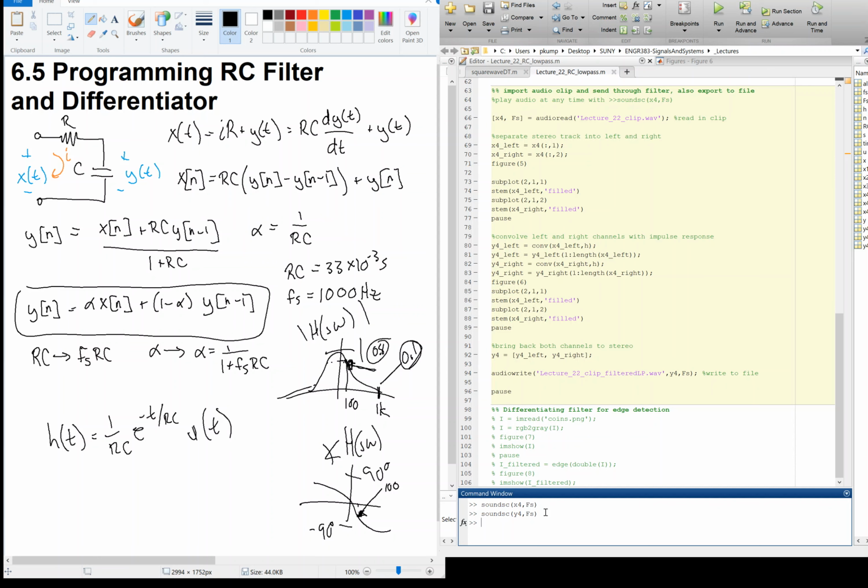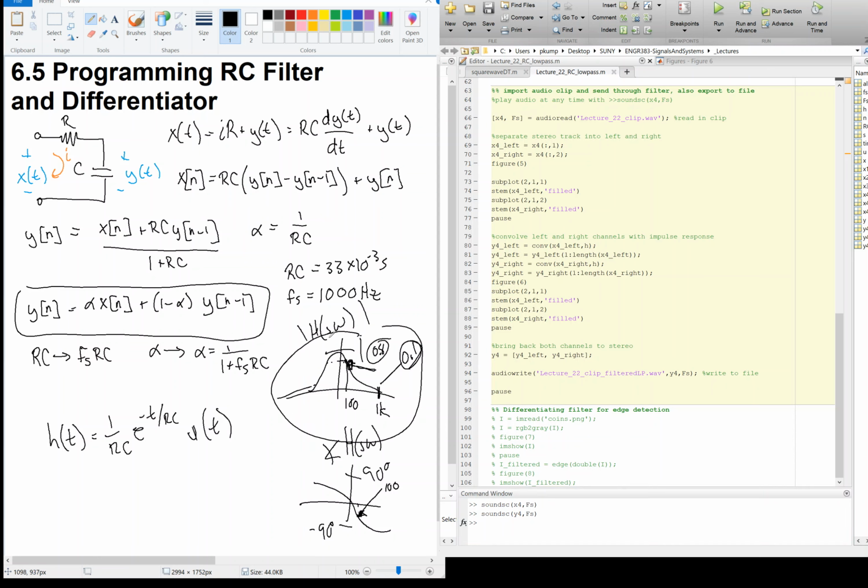Okay, so first of all, one thing that you might have noticed is that the filtered signal has less volume than the unfiltered signal, and that's again due to this point here, that all of the frequencies get scaled by something less than 1. So all of the frequencies are losing some energy, which means that the overall volume is less.